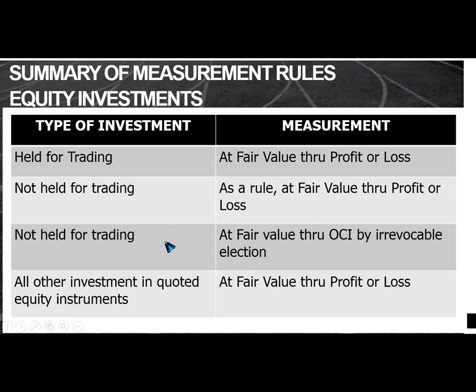However, the entity has an option to measure it at fair value through OCI by an irrevocable election, at its option. Now, all other investments in quoted equity instruments, those actively traded in the stock market, shall be measured at fair value through profit or loss.